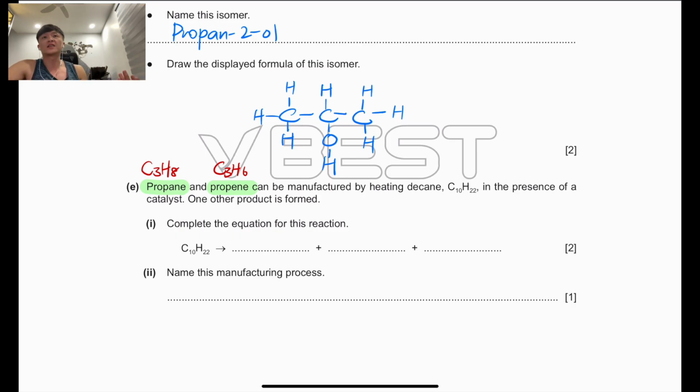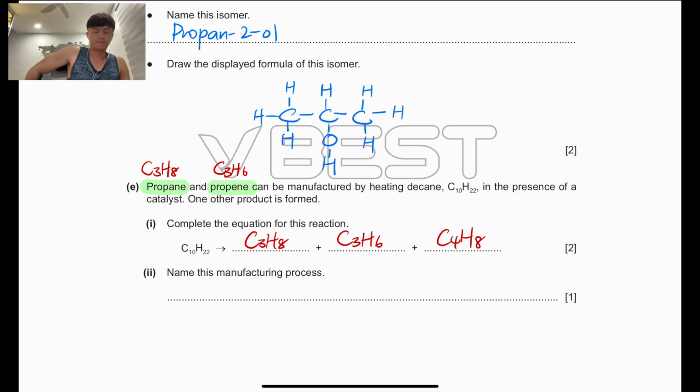Basically, we just balance the equation itself. So C3H8, C3H6. So how many more carbon do we need? C4H8. Okay, that's it. What is this called? Cracking. Ta-da!